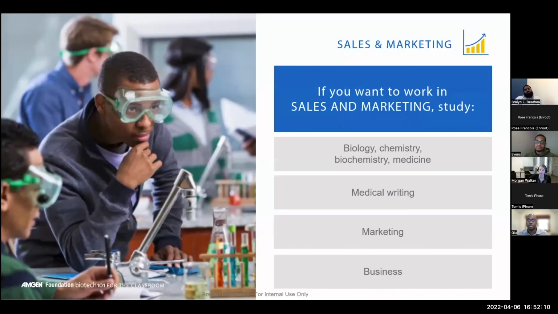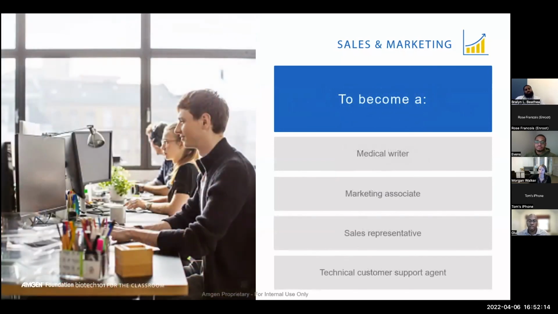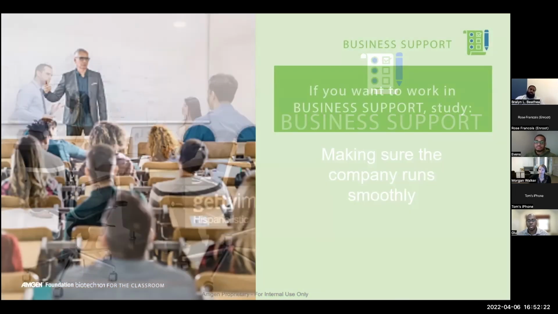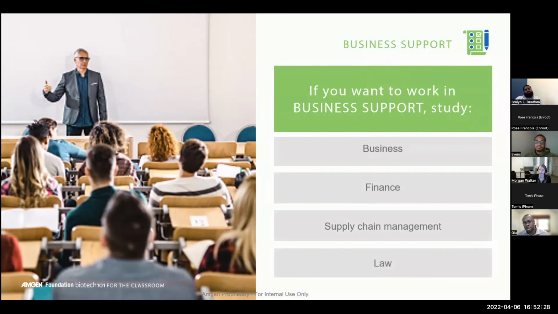We have people who do medical writing, marketing, business. So we have medical writers, marketing associates, sales reps, technical support agents. Within the business support area, you have your business, you have your finance. People have to pay our paychecks, somebody has to be doing the payroll for us. We have lawyers that have to fight and defend everything we do.